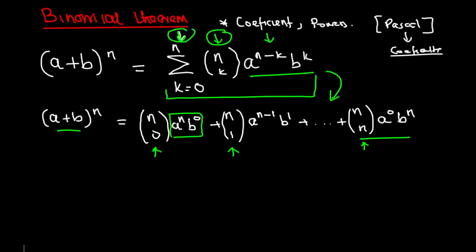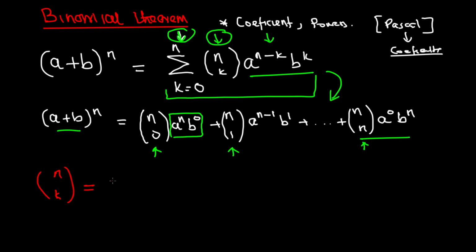So once we understand that, then we are on our way to understanding the binomial theorem. The only complicated thing about the binomial theorem is understanding how to expand the combination notation. This combination is not a number, it's not algebraic. It's almost like an expression or a notation, sort of.